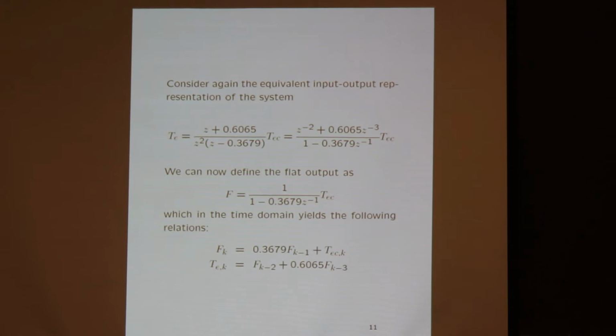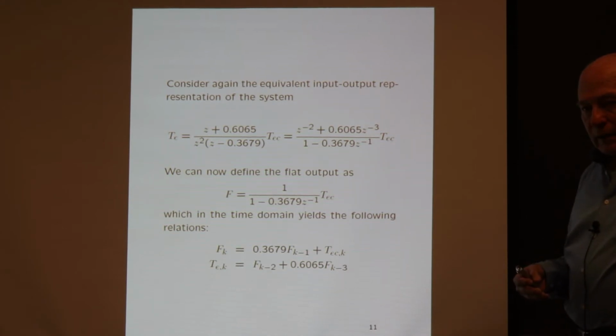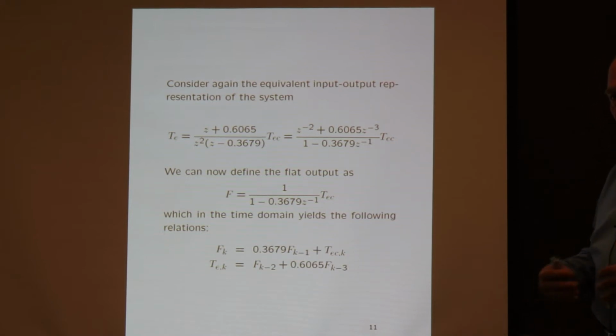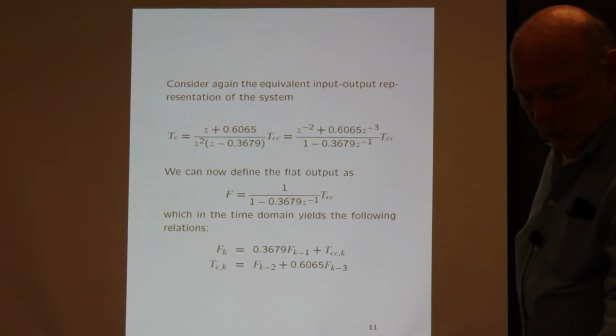So this representation is now causal, in the sense that your output temperature only requires information from the past in terms of the flat output. And the flat output can be computed recursively in terms of information which is also either in the present or the past. But it doesn't require anything in the future.